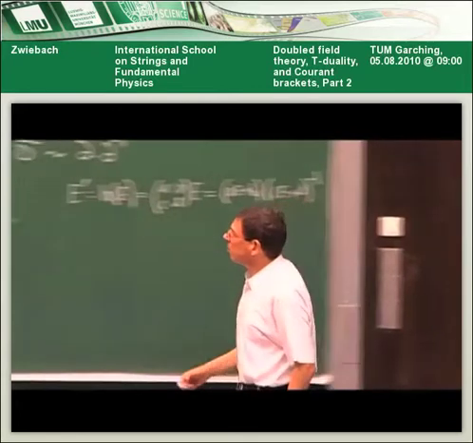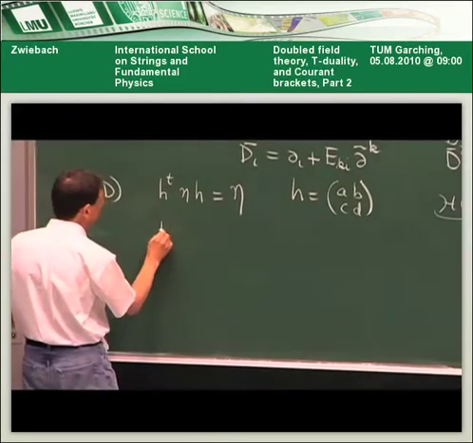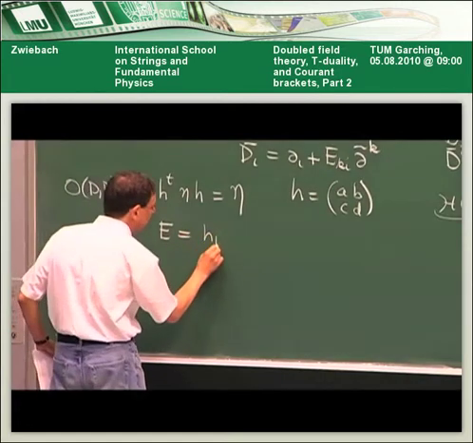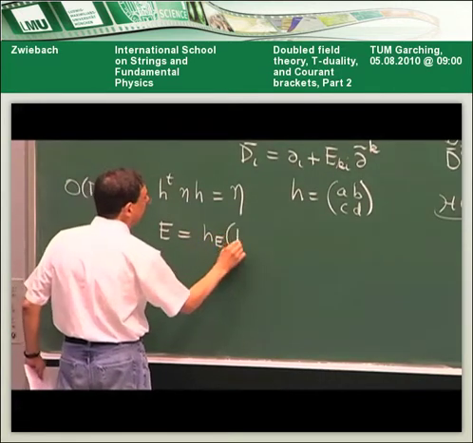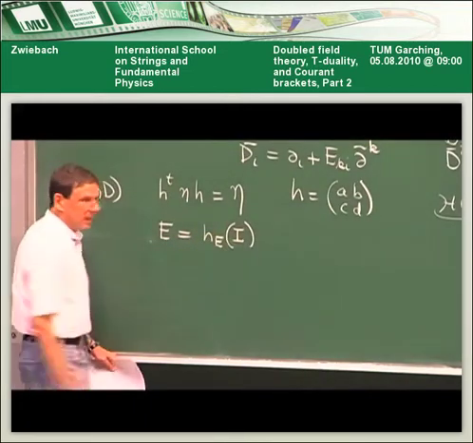For that, we started with the construction of this object that we would call H sub E that creates the background E starting from the identity.